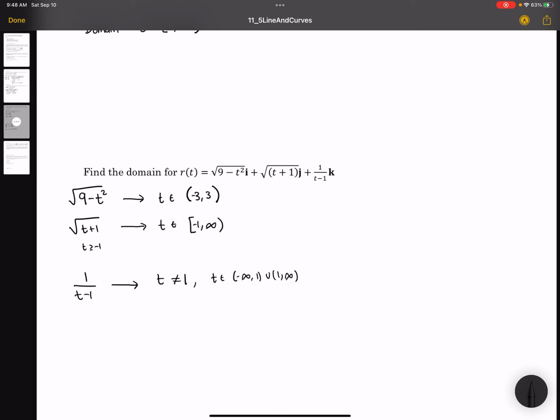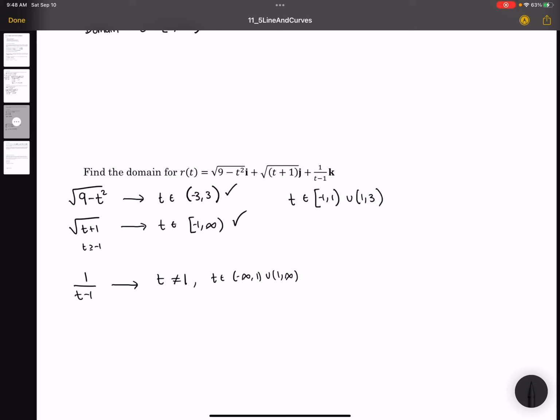So when we consider all three of these things, we have to start at least at -1, but then for the first component, we can't exceed 3. And for the third component, t can't be 1. So in total, our domain is t is an element of the interval -1 to 1 union 1 to 3.